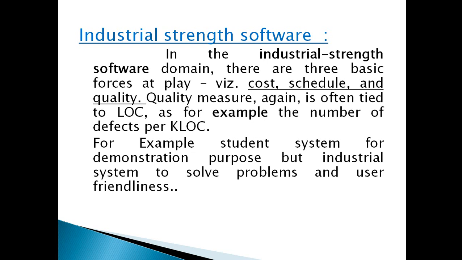So it solves real-life problems, and the student system is used for demonstration purposes only, but the industrial system is used to solve problems and must also be user friendly, right?